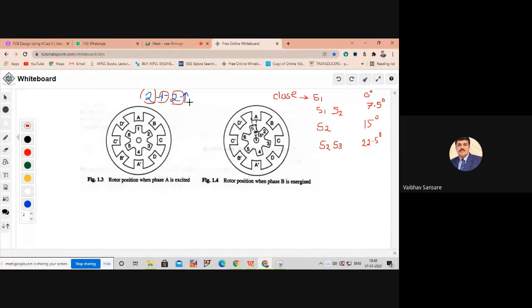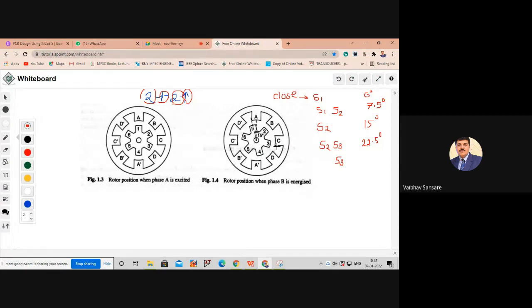After that, next one is 1. So for this one, now we have to open switch S2, keeping S3 in closed condition. So open switch S2, S3 is under closed condition. What will happen? When S2 opens, coil B dash gets de-energized.